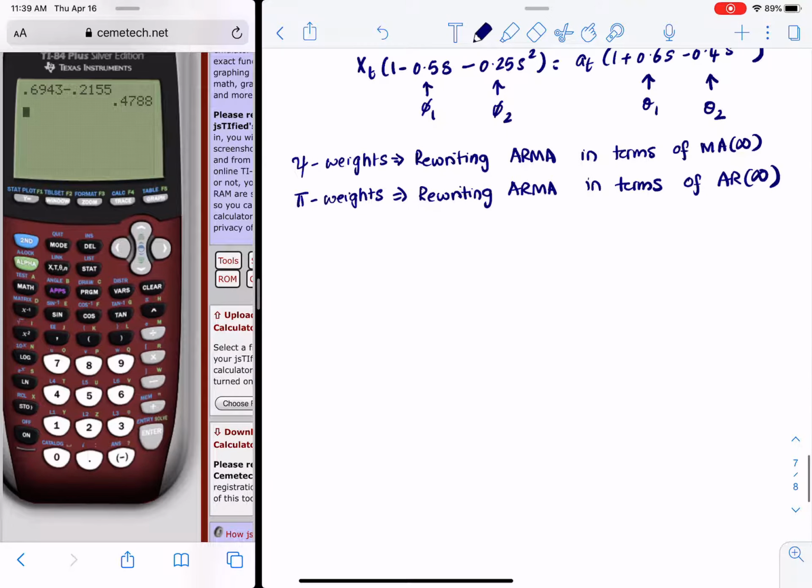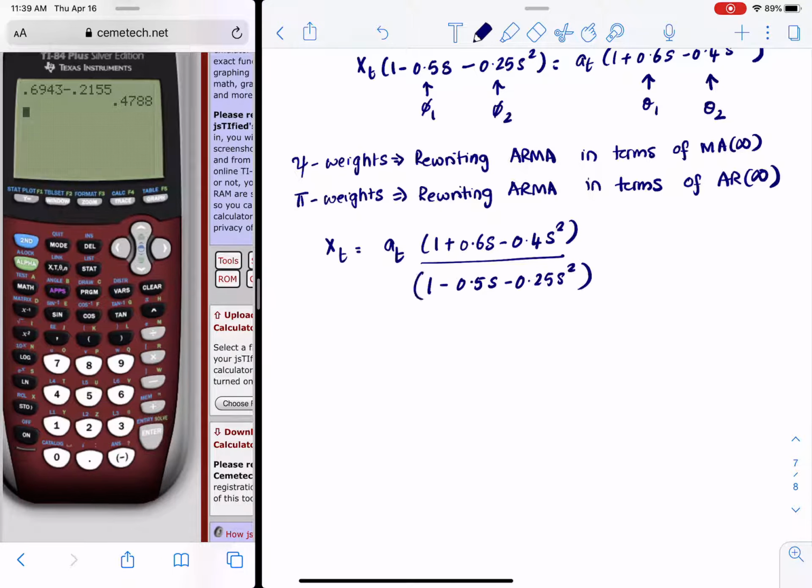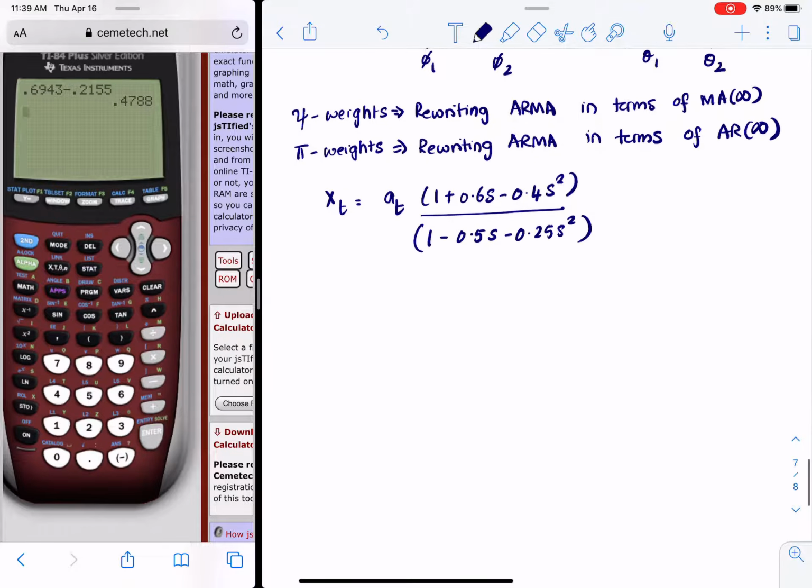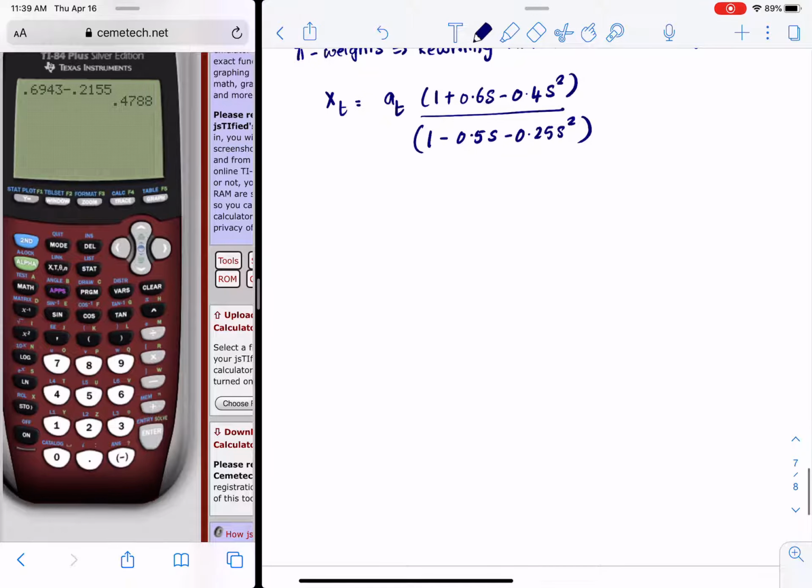So how do we go about it? I want to rewrite it in terms of MA. So I have at times 1 plus 0.6s minus 0.4s squared divided by 1 minus 0.5s minus 0.25s squared. This is where algebra comes into play. What we are going to do is something you probably didn't like in algebra: long division.